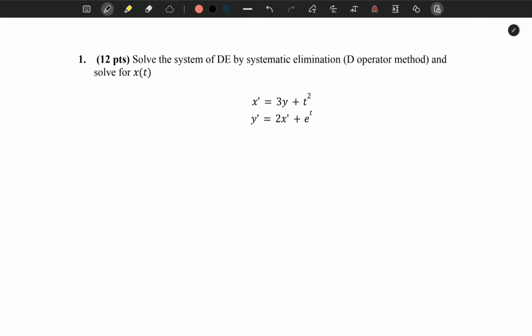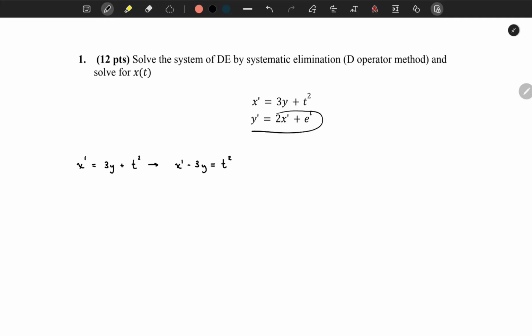So the first thing we want to do is write out our equations. We have x prime is equal to 3y plus t squared, and we can rewrite this as x prime minus 3y is equal to t squared.